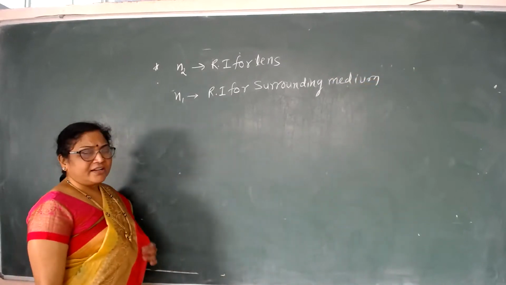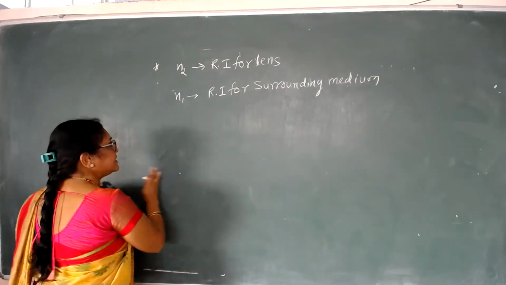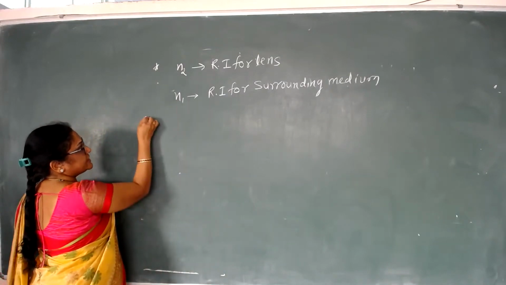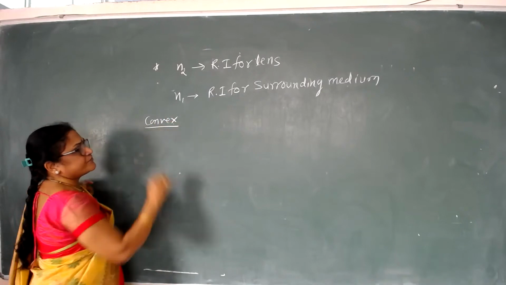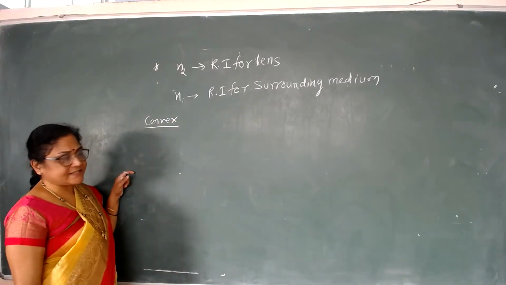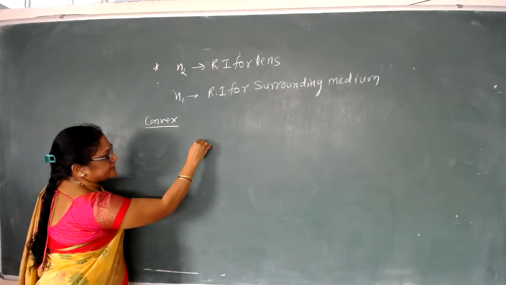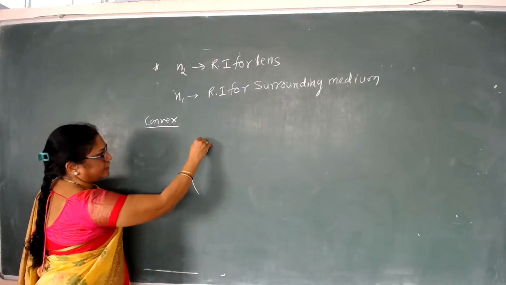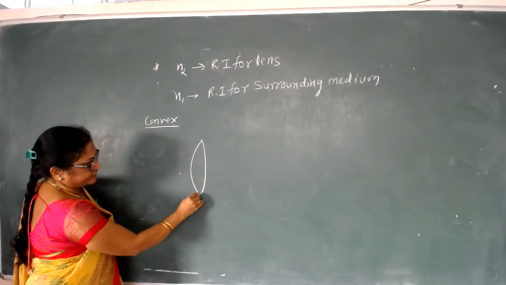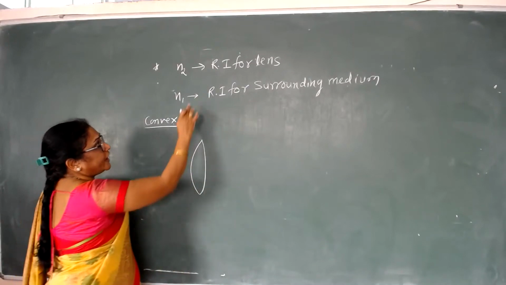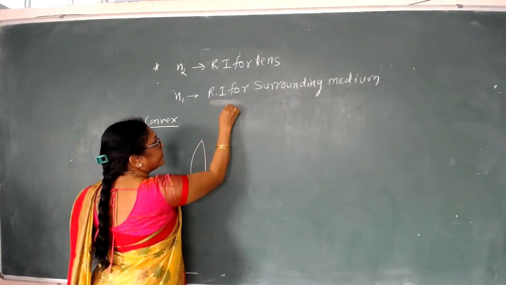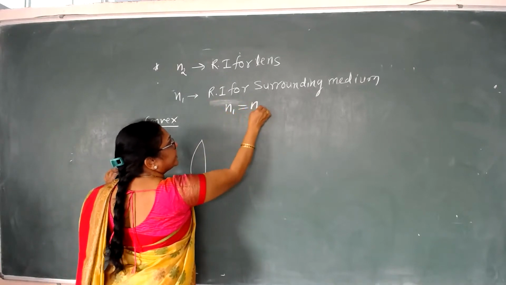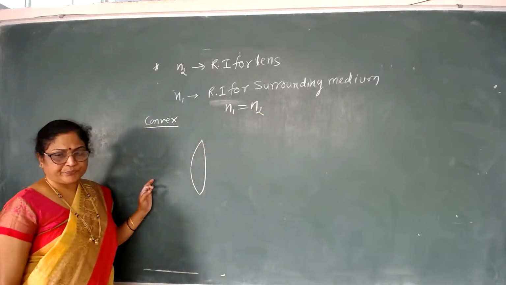So consider any lens. Suppose we consider a convex lens. A convex lens is a convergent lens. If we take a convex lens, this is a biconvex lens. So draw a figure when the ray of light is incident in the same medium, N1 equal to N2.